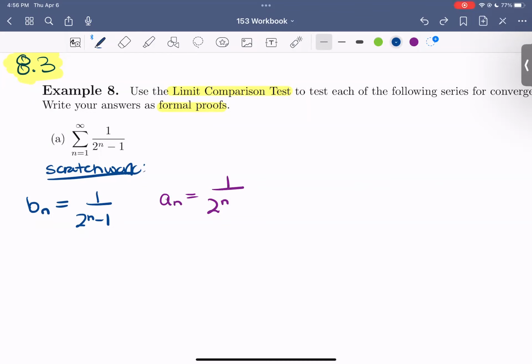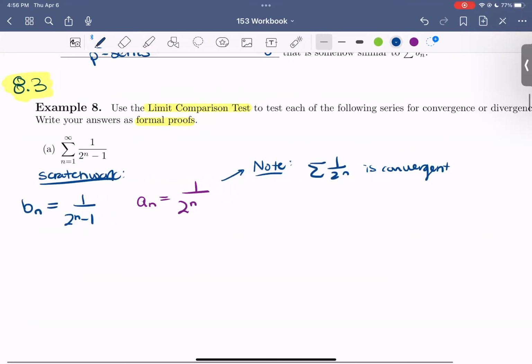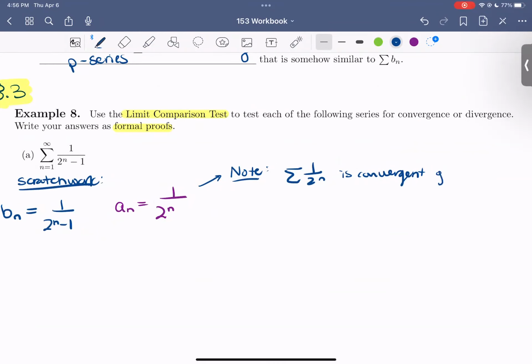Here's our testing series. Let's take a look at that series real quick to determine if it converges or diverges. We saw this in the last video, but I want to make a note so it's really clear. This series 1 over 2^n, our a_n series, is convergent because it's a geometric series with r, the common ratio, equal to 1 over 2.